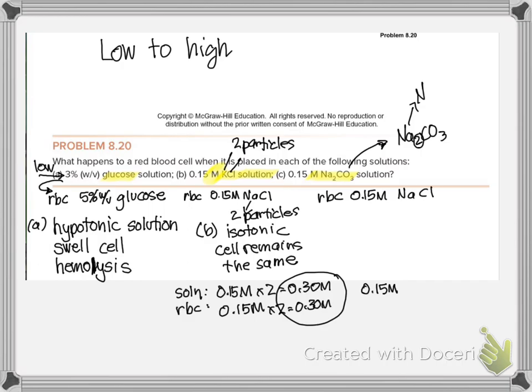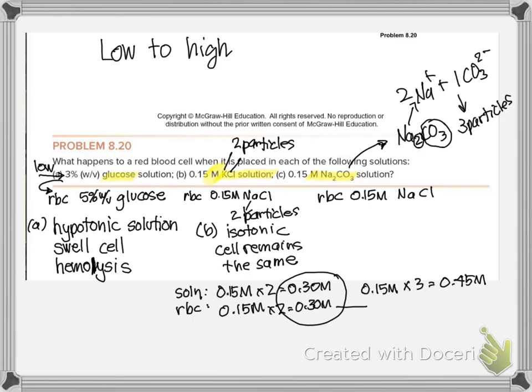Because there's a 2 there. And carbonate is a polyatomic ion, so it has 3 particles. So this is times 3, so that's 0.45 M for the sodium carbonate, that's our solution. And we know from the red blood cell from our previous one that this is 0.3 M.